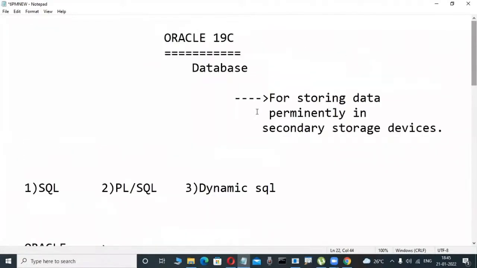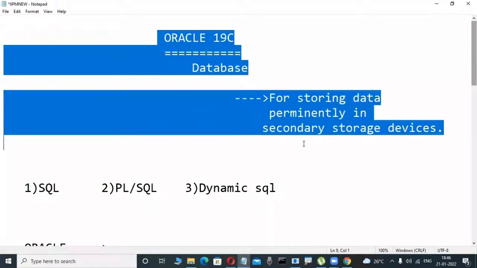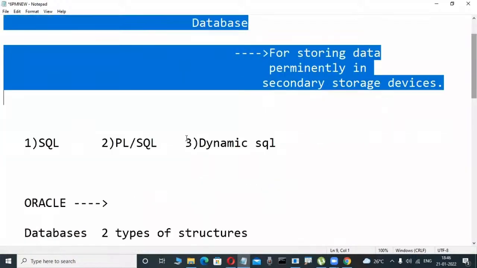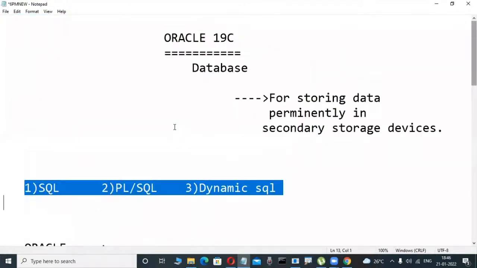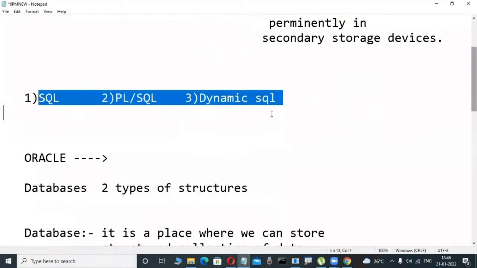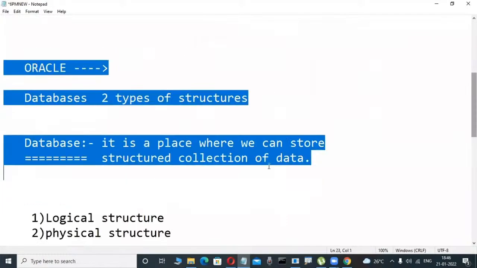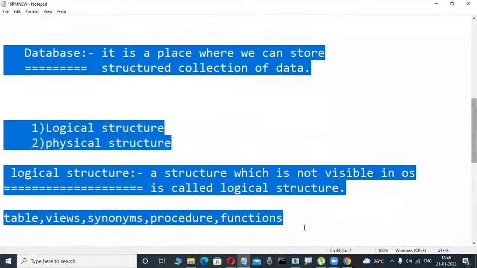The purpose of databases is not only storing data permanently, but also retrieving and fetching data efficiently from some place. If you want to operate this Oracle software, we use SQL, PLSQL, and dynamic SQL languages. In any Oracle course, these three things are taught. That is a very small thing I'm telling.